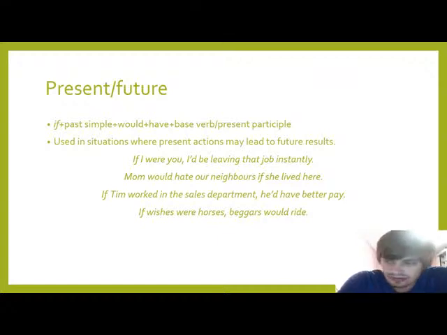And for the final example of this mixed conditional construction is an ancient, well, not exactly ancient, it's a classic proverb which says, "If wishes were horses, beggars would ride."